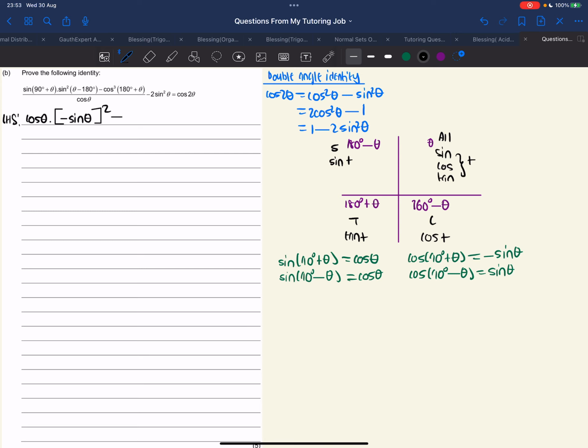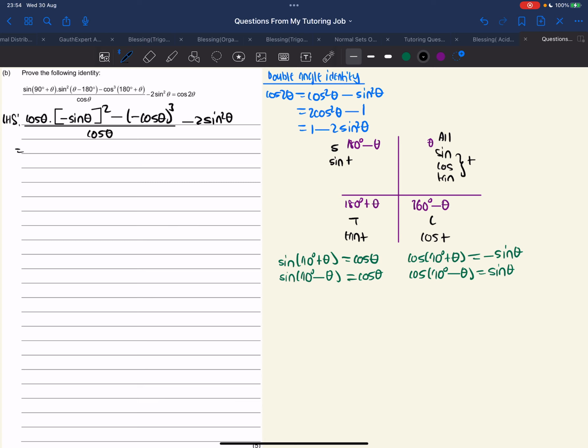Now remember, cos of 180 degrees plus theta, it's only tan theta that's going to be positive. So this means that it's going to be minus cos of theta. Then I'm going to put that in a cubed.